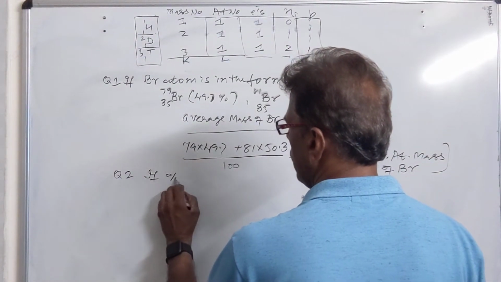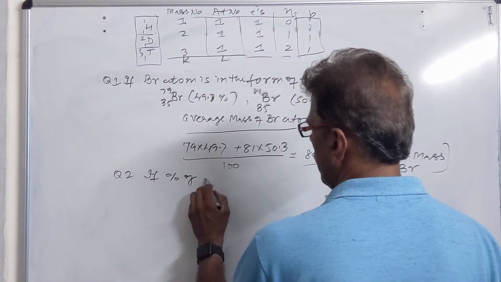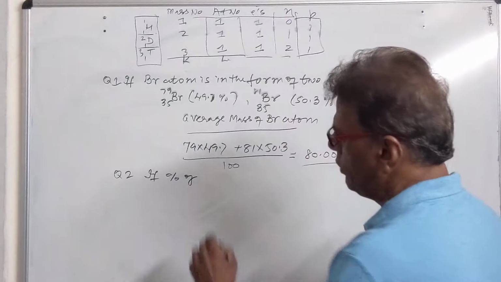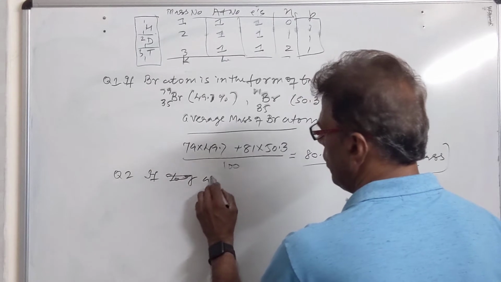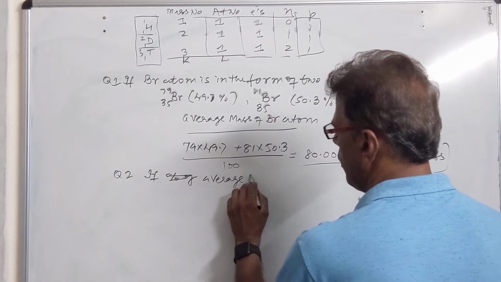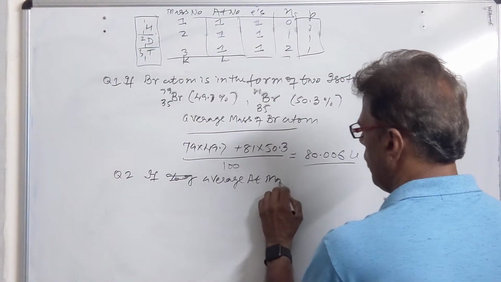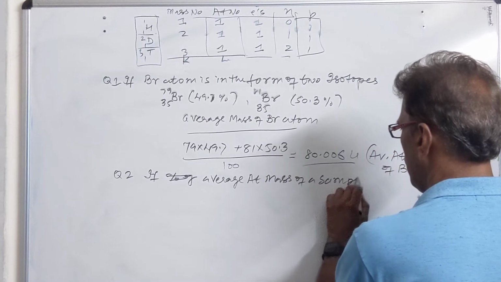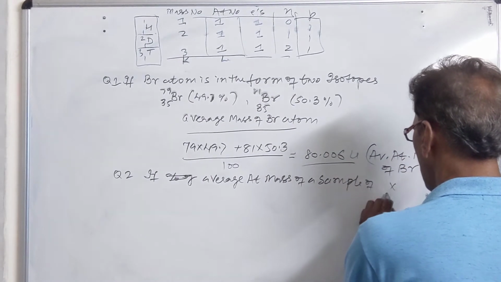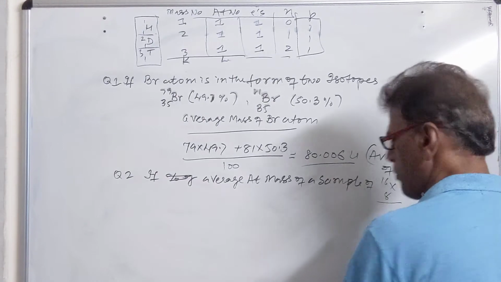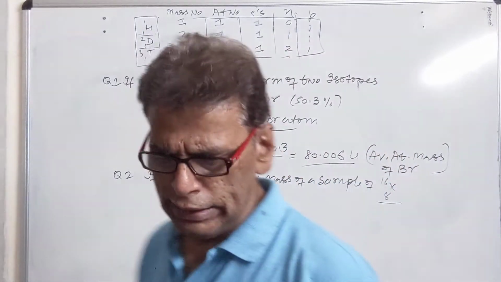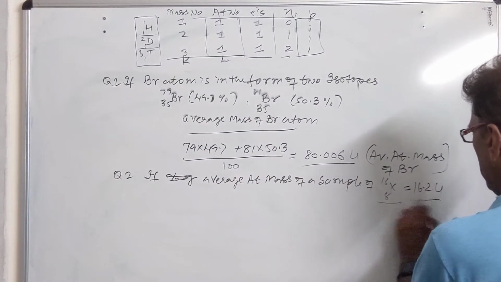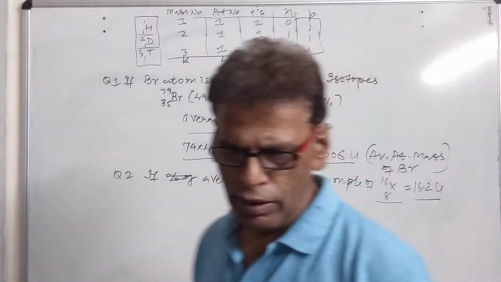The average atomic mass of a sample of X is 16.2 unified mass, this is u.